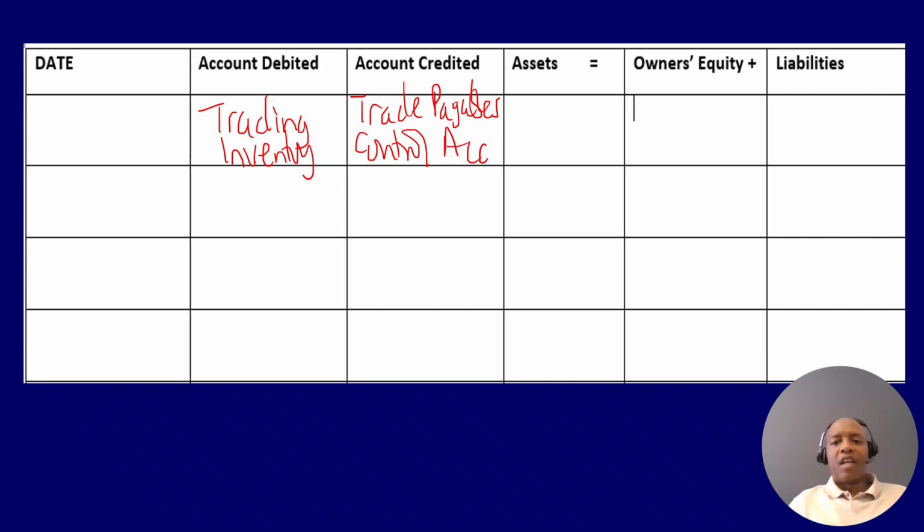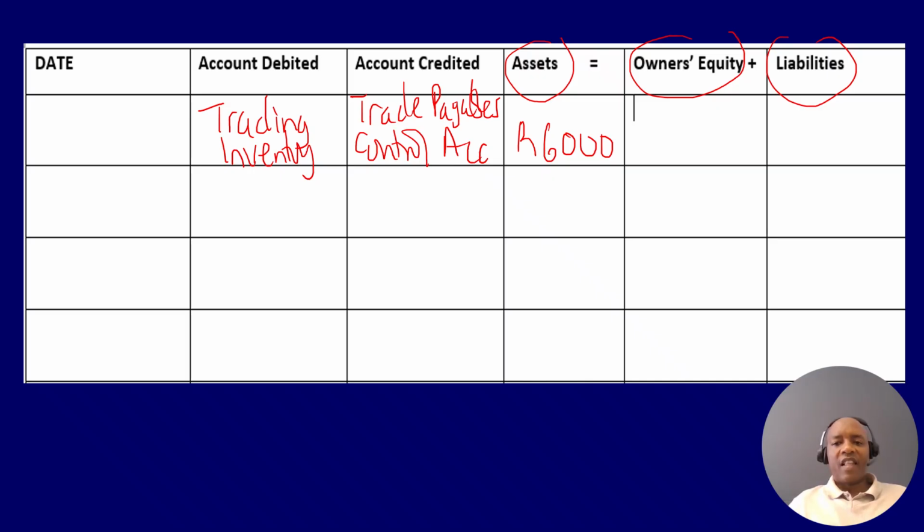Okay. Then in this accounting equation, we want to record the amounts under the respective headings, either assets, owner's equity, or liabilities. So assets represented by trading inventory, we're going to write our amount. It's a positive 6,000 since we are bringing more stock.